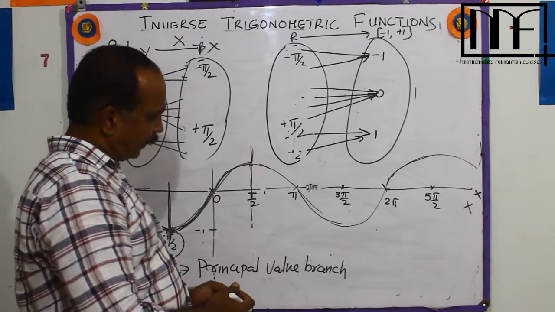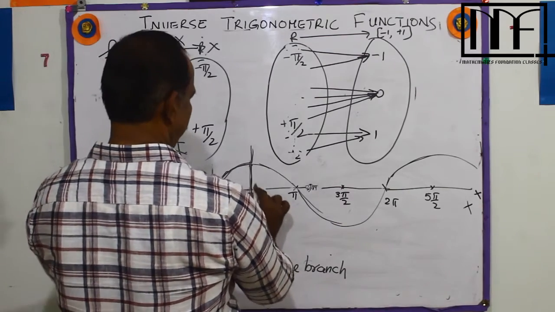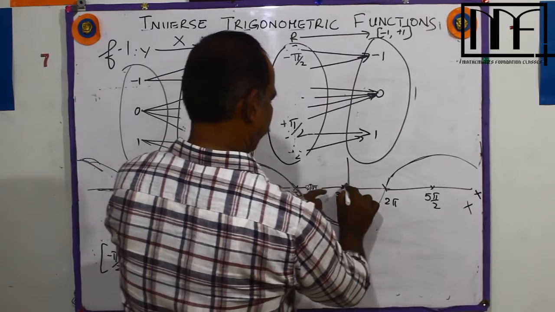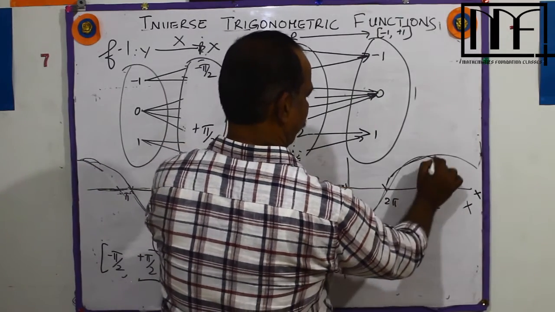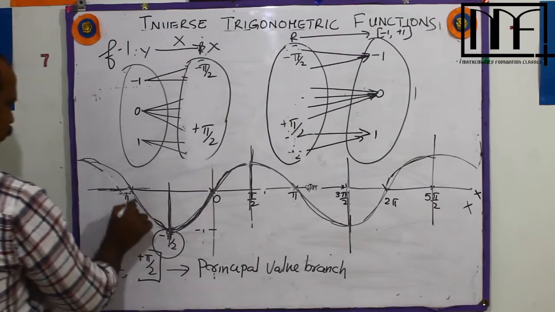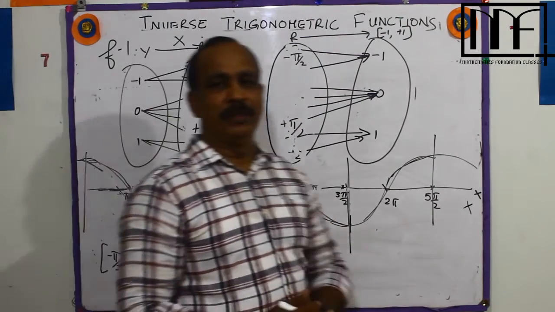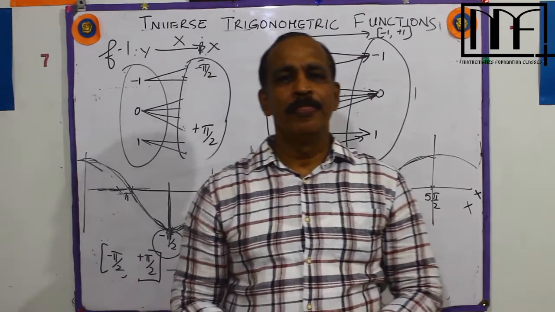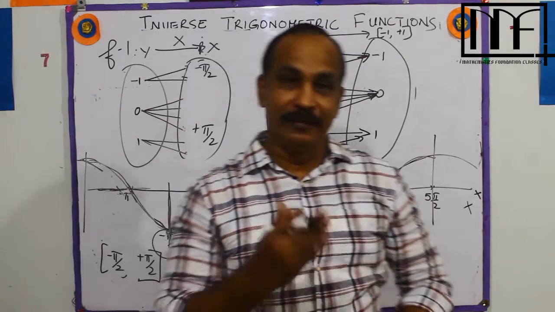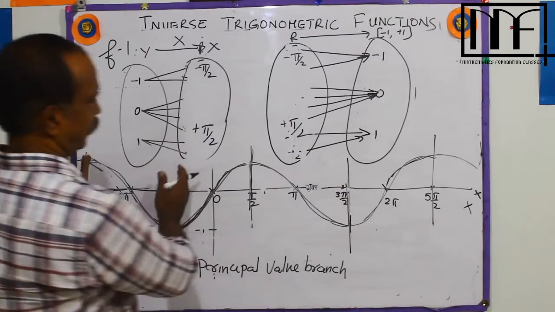Otherwise, we can also have between pi by 2 to 3 pi by 2, or 3 pi by 2 to 5 pi by 2, or minus pi by 2 to minus 3 pi by 2. Any of these ranges can be the domain of y equal to sin x. Then that function will have an inverse function here.